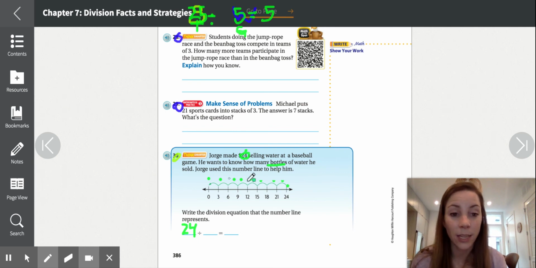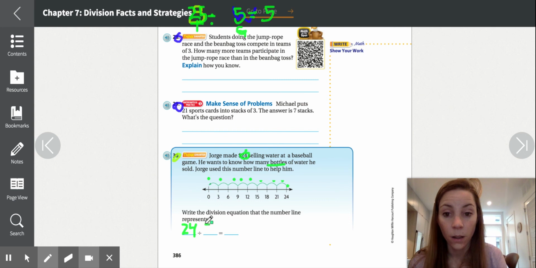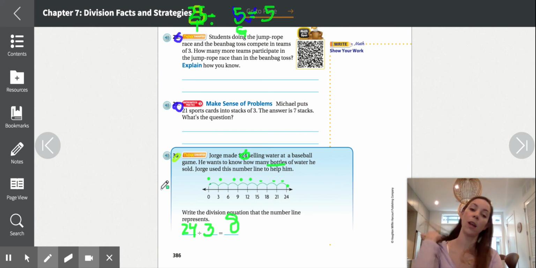It's actually the 8, because again, 3 is each time. So that means how much does each bottle cost? So 24 jumping back 3 each time, $3 each time, would give you 8 different times that you sold a bottle. So if you had 24 divided by 3 equals 8, very good. If you had it backwards, 24 divided by 8 equals 3, you need to fix it.